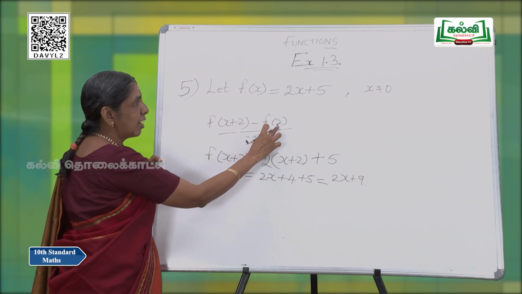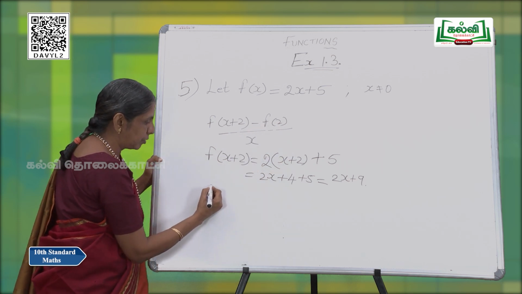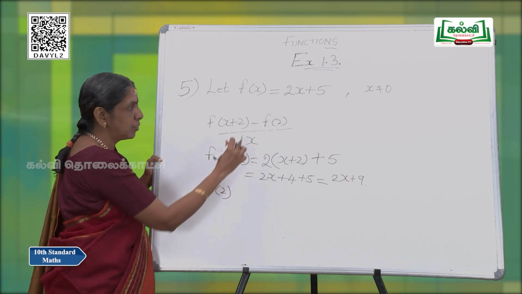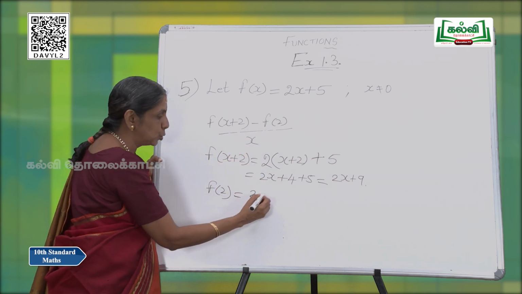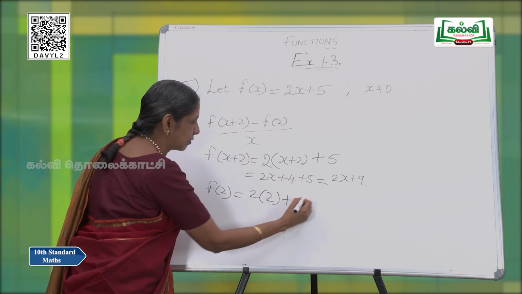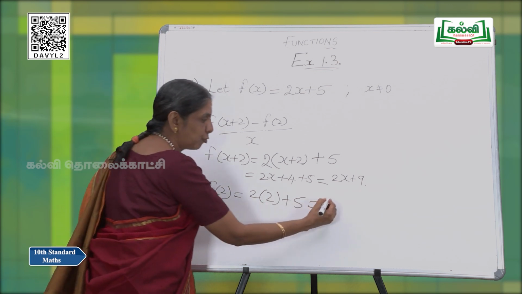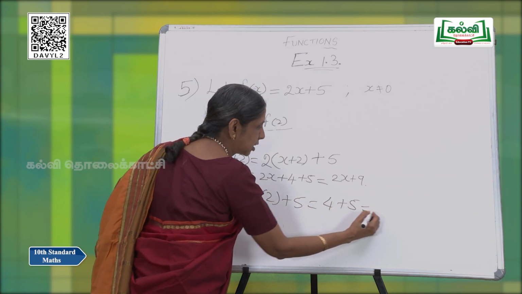Now, what is f of 2? The second step is we have to calculate the functional value for 2. That will be equal to 2 times 2 plus 5. That is 2 times 2 is 4, plus 5, that is equal to 9.